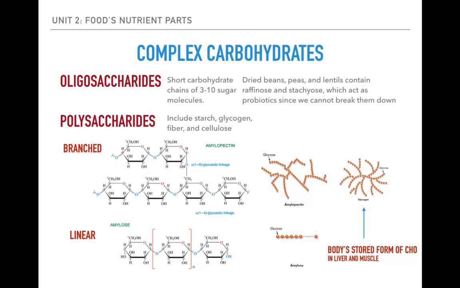Now, the difference between the two is that amylopectin, the branched one, is broken down much more quickly than the amylose, and that's because enzymes can remove the last glucose at many different sites on the molecule at the same time, and then it can be eaten up more quickly than an amylose or a long chain molecule.